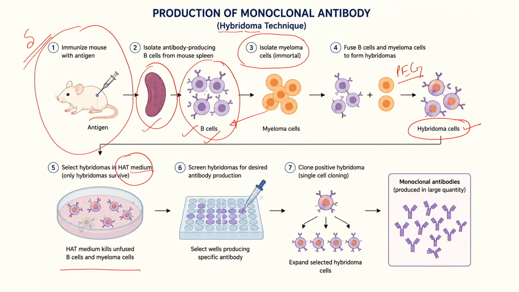So the splenocyte will die because of the HAT media. The myeloma cell will die because of the HAT media. The biology we'll see in a while, and the only cell which will survive in this HAT media is the hybridoma cell. So this we call a selective media. The selective media for hybridoma screening is HAT media.